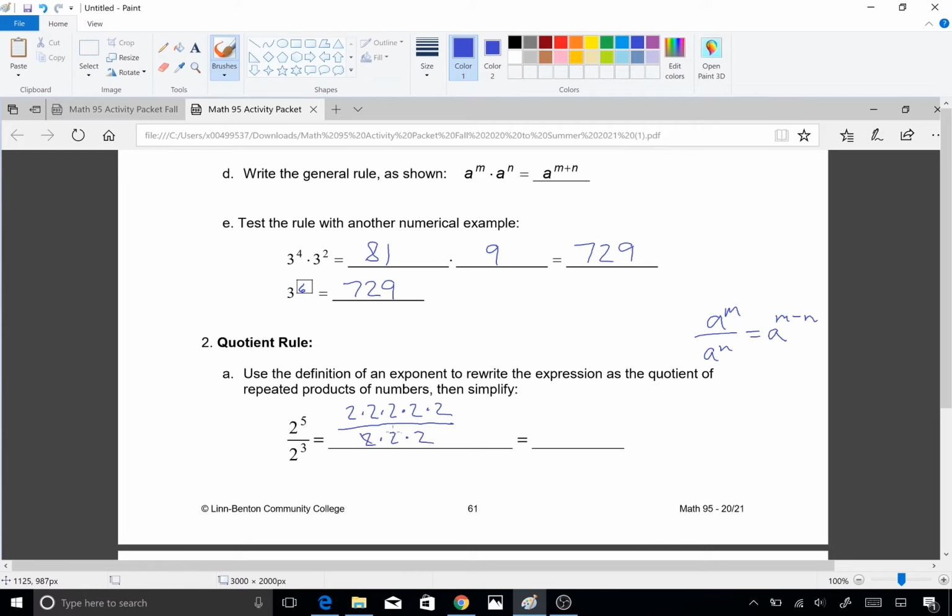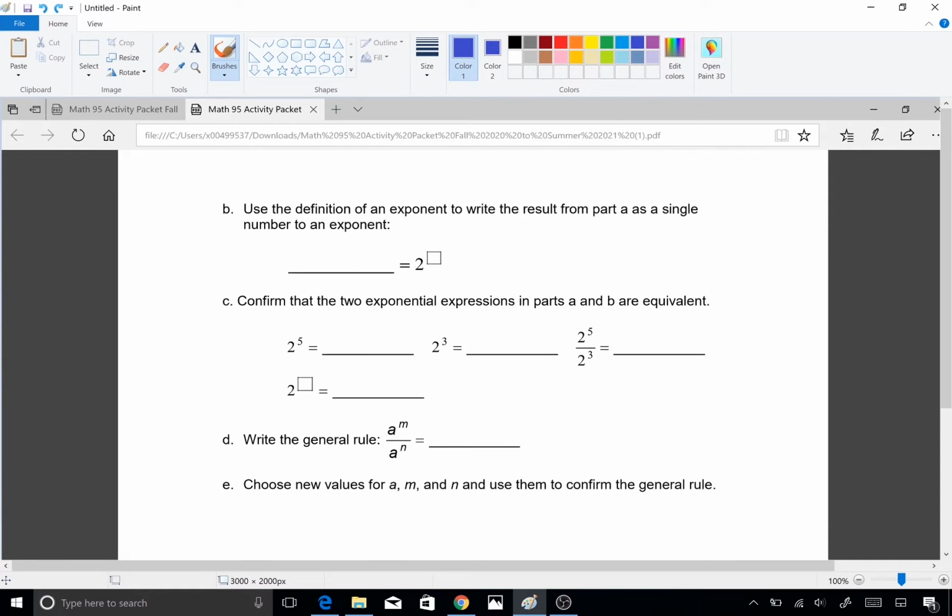We can cancel 3 of these 2's, and that leaves us with 2 times 2, which is 2 squared. So part B will be 2 times 2 equals 2 squared.